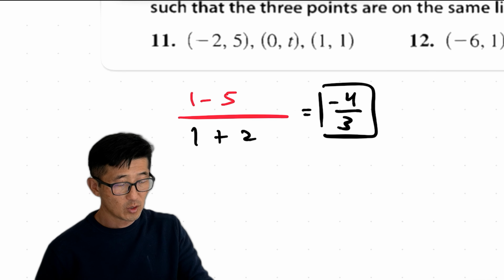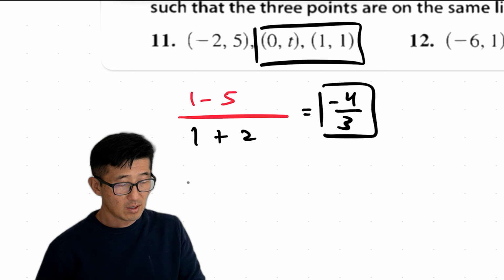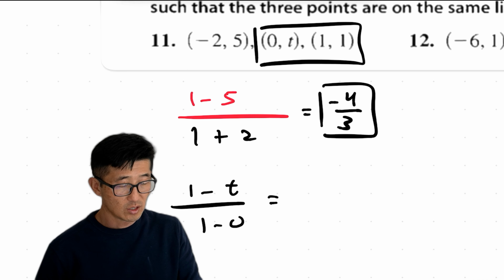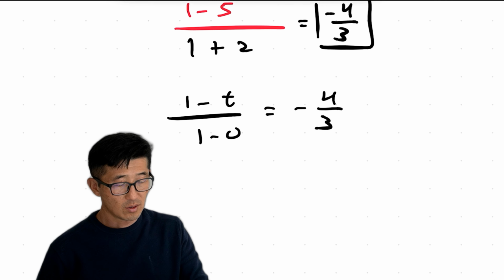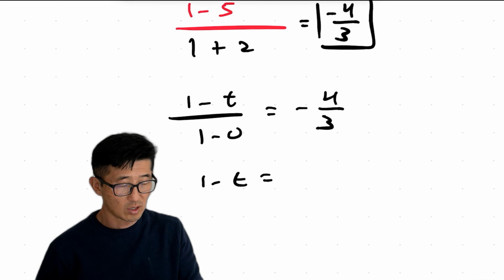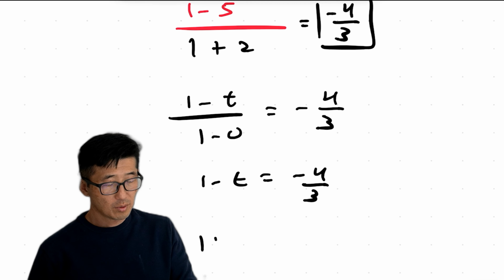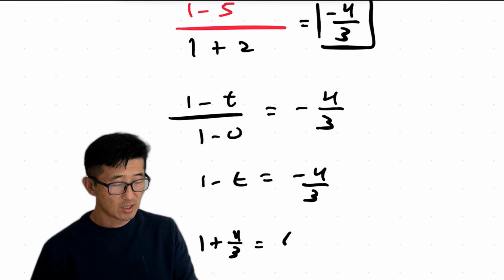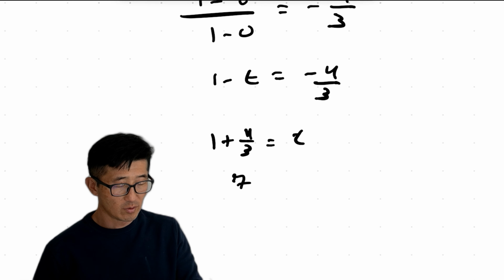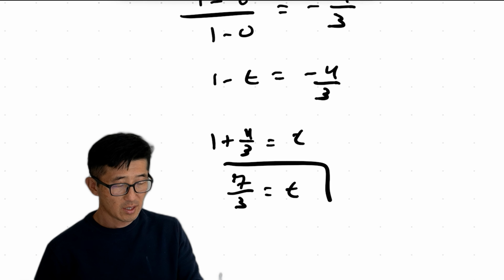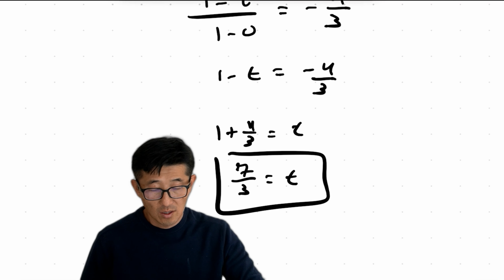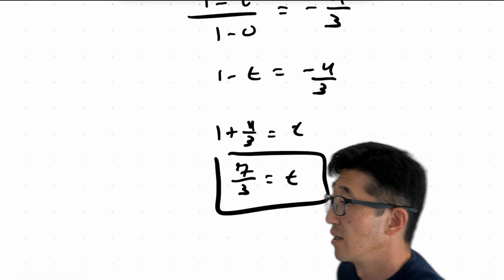So if you find the slope between these two now, 1 minus t over 1 minus 0, it should equal negative 4 over 3. So 1 minus t equals negative 4 over 3. 1 plus 4/3 equals t, and it's just 7 over 3. You guys get that? Okay, good.